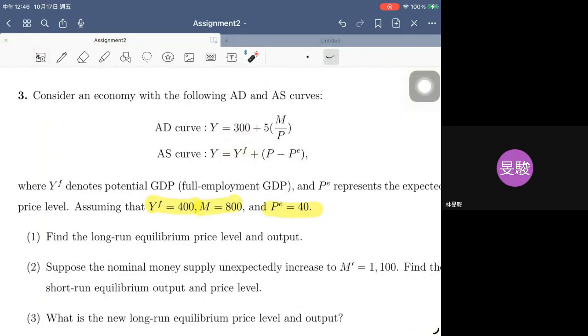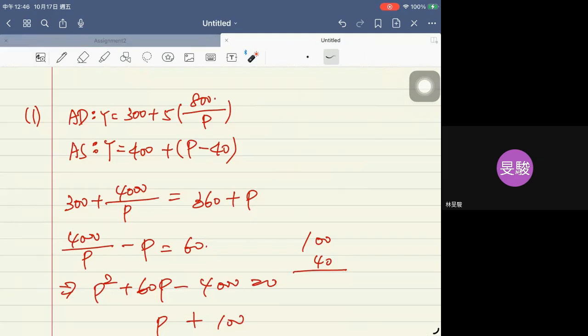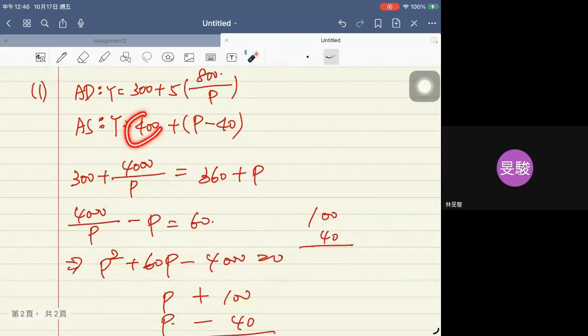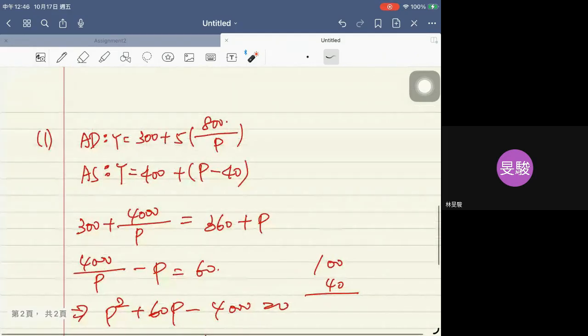We know that in the long run the real output must be at YF. So in the beginning you just know that the real output is 400. Okay, so you don't need to calculate this.